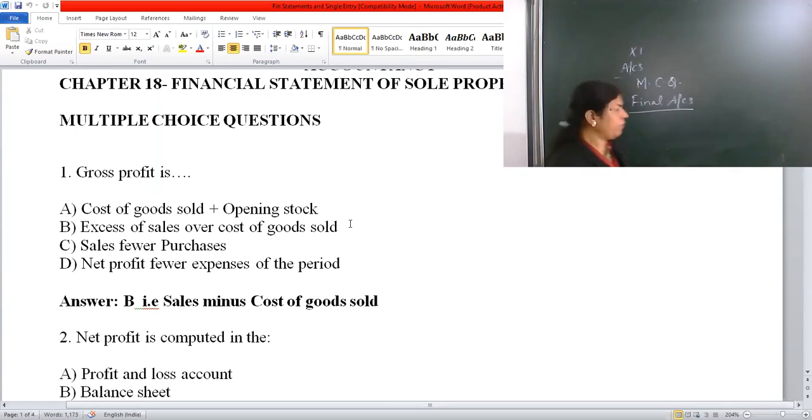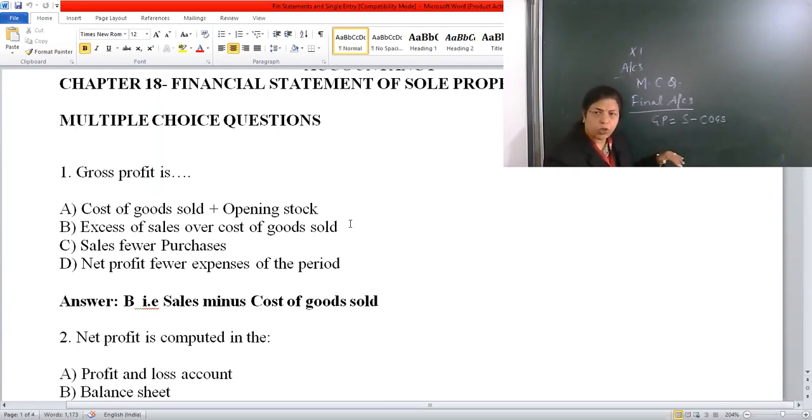I gave you one formula. Gross profit is equal to sales minus cost. By the help of this formula, you can calculate anything which is missing here. So here sales minus cost of goods sold will be gross profit. Or in simple words, excess of sales over cost of goods sold will be termed as gross profit.